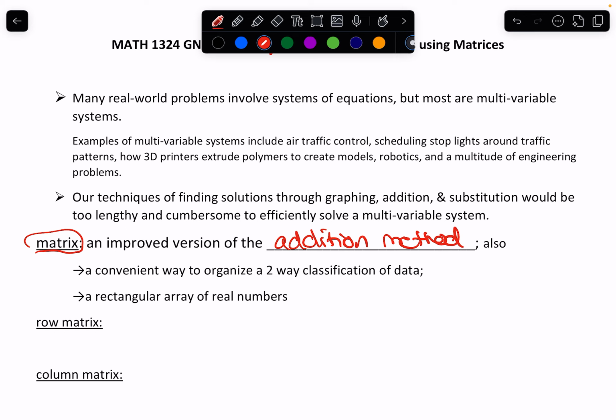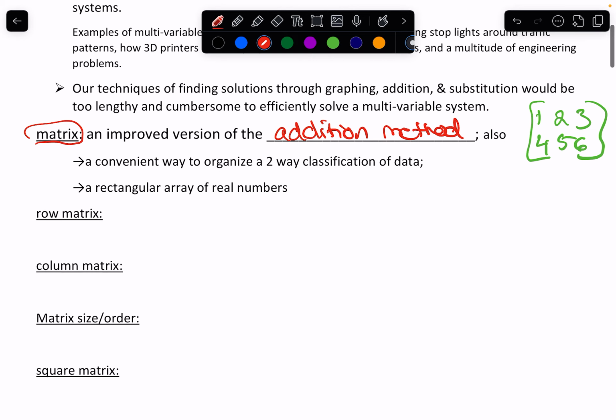An example of a matrix would be this one right here. We're going to define a couple of different things on matrices. Some of this we already did in 6.4.